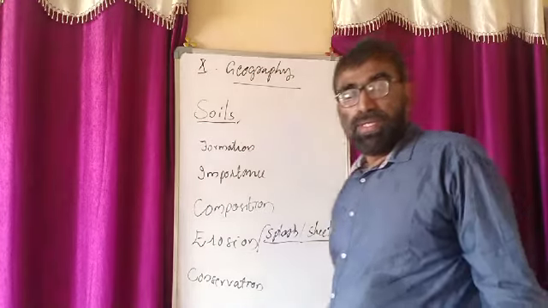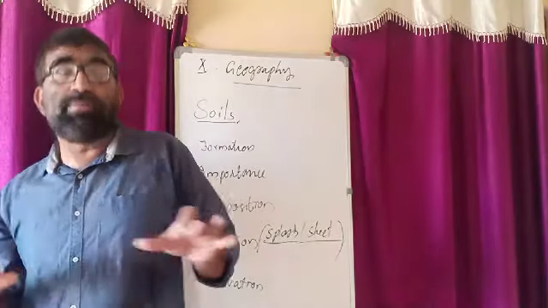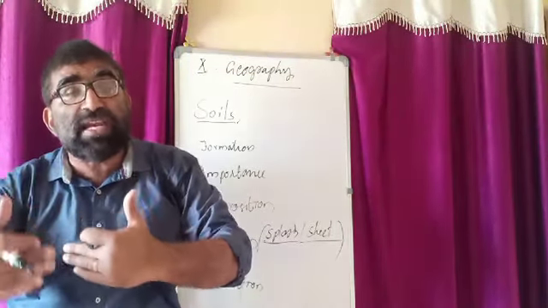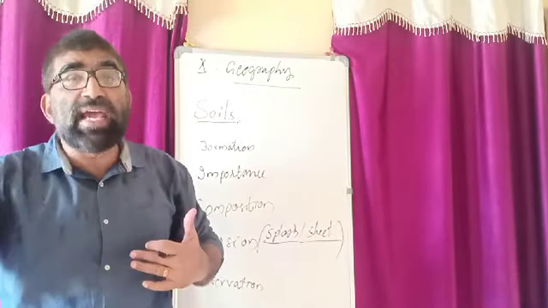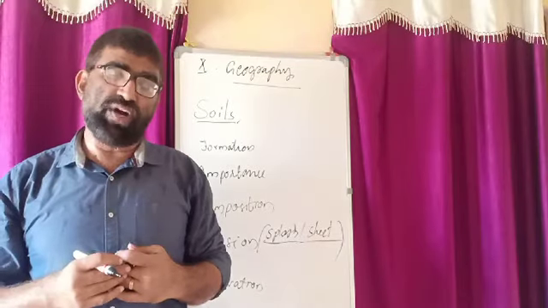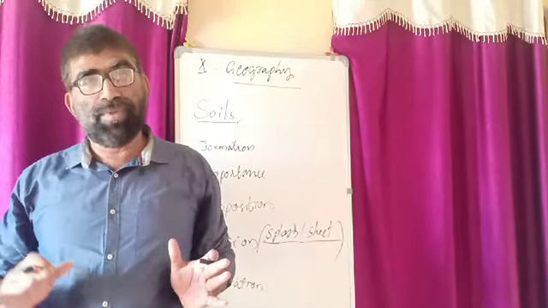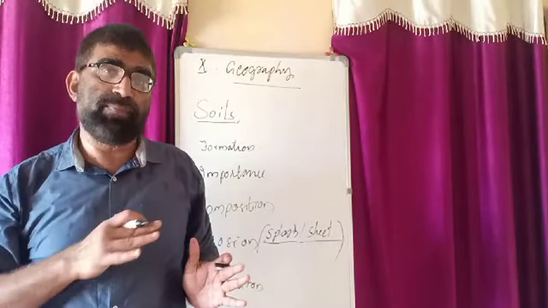Then another type of erosion is known as sheet erosion. Sheet erosion is a type of erosion which is caused by running water. The surface layer of the soil is removed layer by layer by the running water. This type of erosion is known as sheet erosion.